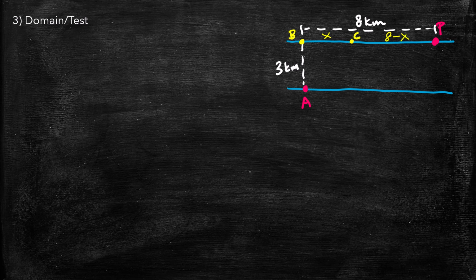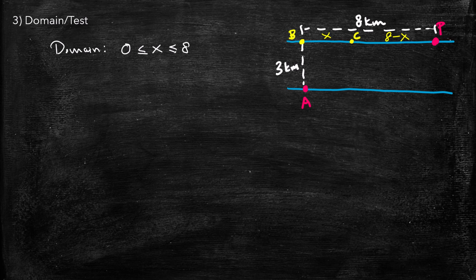So what are the possible values of x? It is possible that we row directly to B, in which case x would be 0. And it could be as much as, what if we don't even bother running and we just row directly from A to P? So it could be as much as 8.